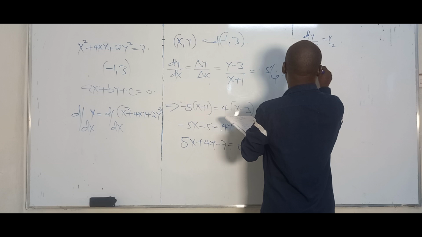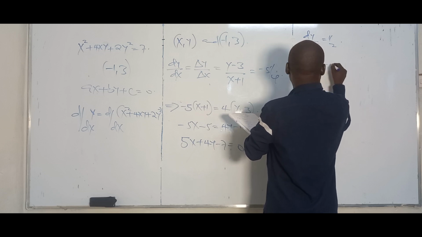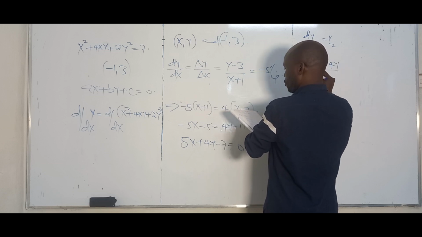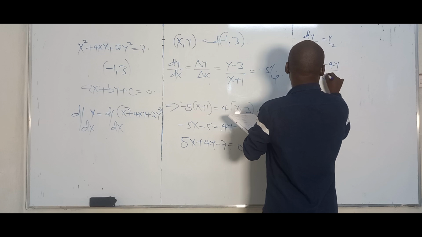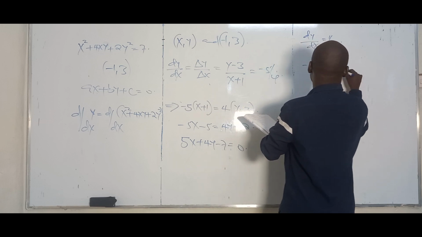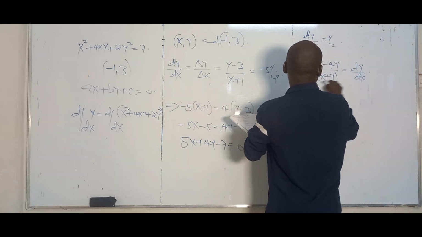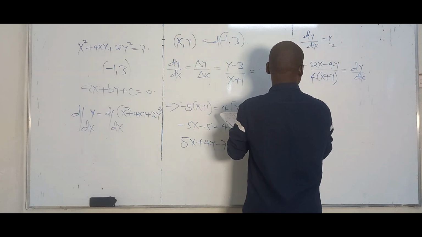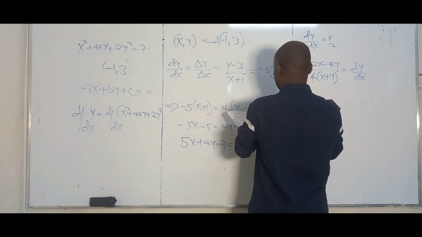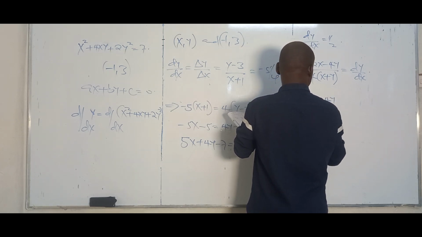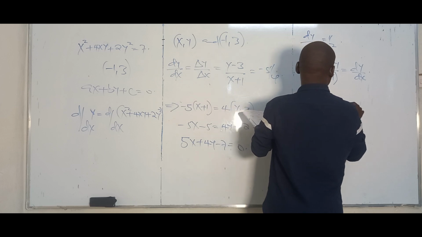minus (2x minus 4y) all over 4 into (x plus y). That was our dy/dx. So we equate this to half: minus (2x minus 4y) over 4 into (x plus y) is equal to half.